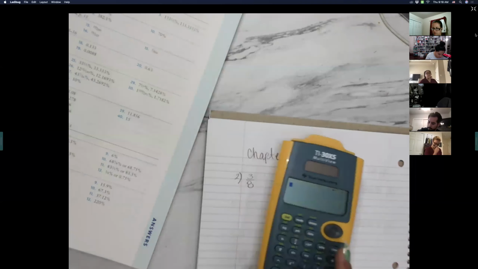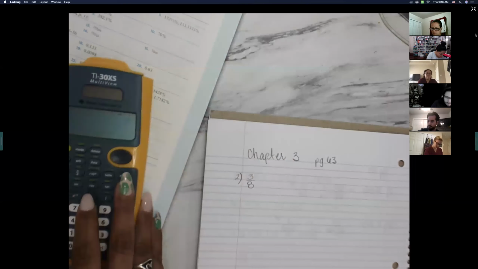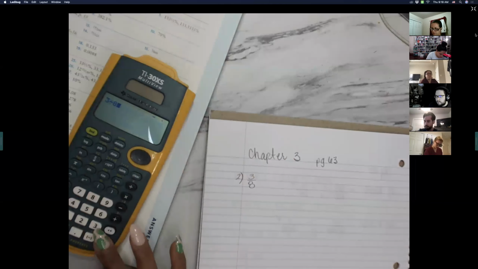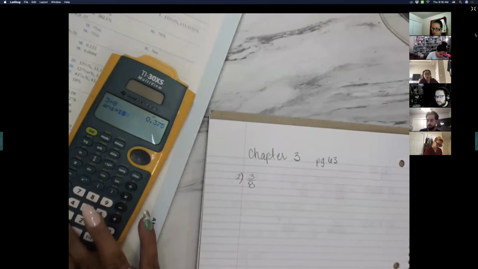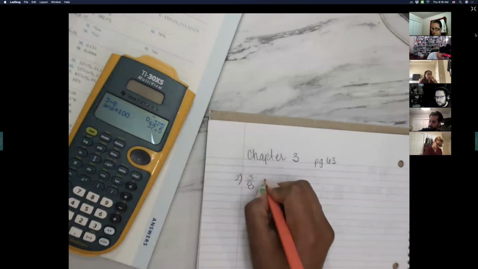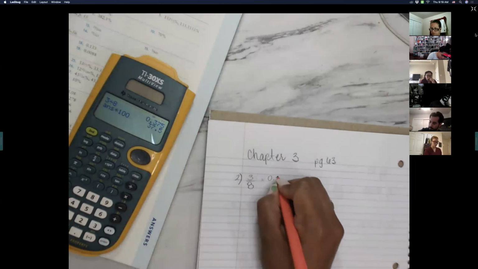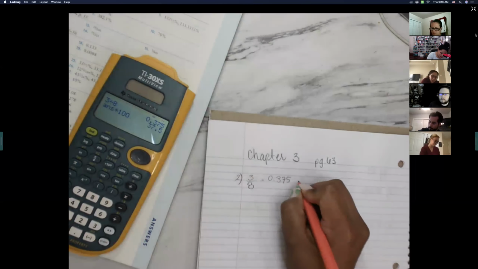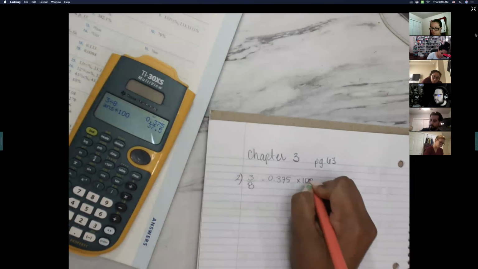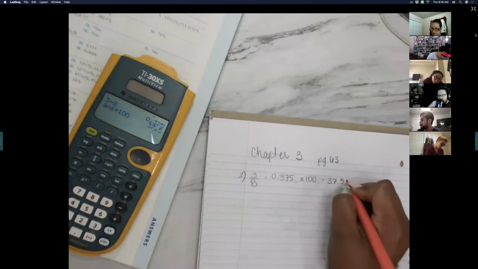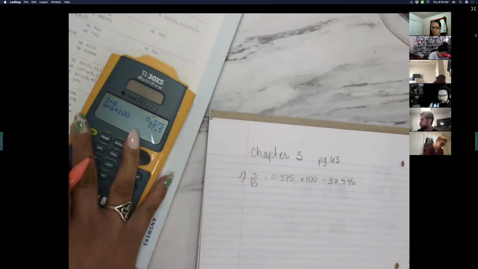Cool? Pretty easy. So the answer was 37.5. As a decimal, it's 0.375. Then we multiply by 100, and that'll give us 37.5%. Okay.